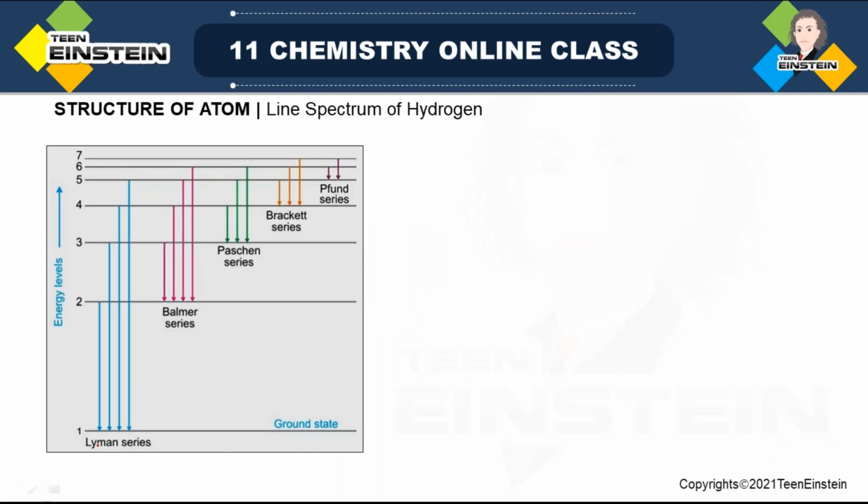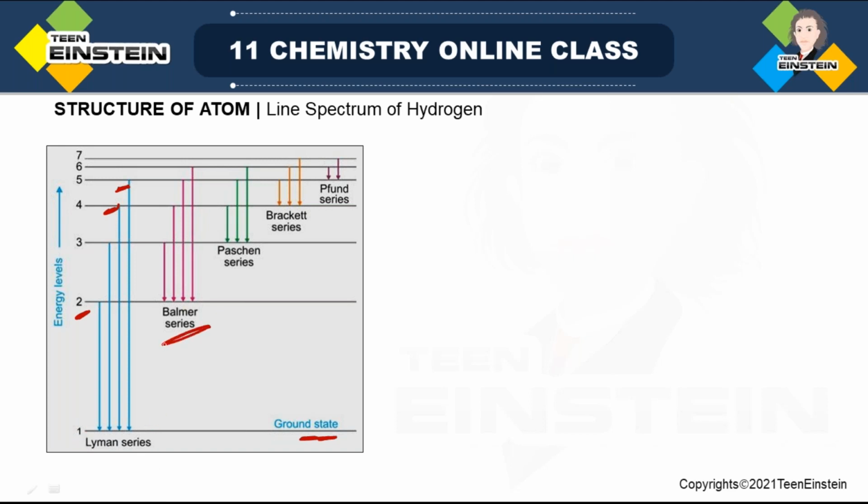See, when it is ending at n equal to 1, that means n lower is the first level. This is the ground state here, and these are the different possibilities: 2 to 1, then 3 to 1, 4 to 1, 5 to 1, and 6 to 1, and so on. This is known as the Lyman series.